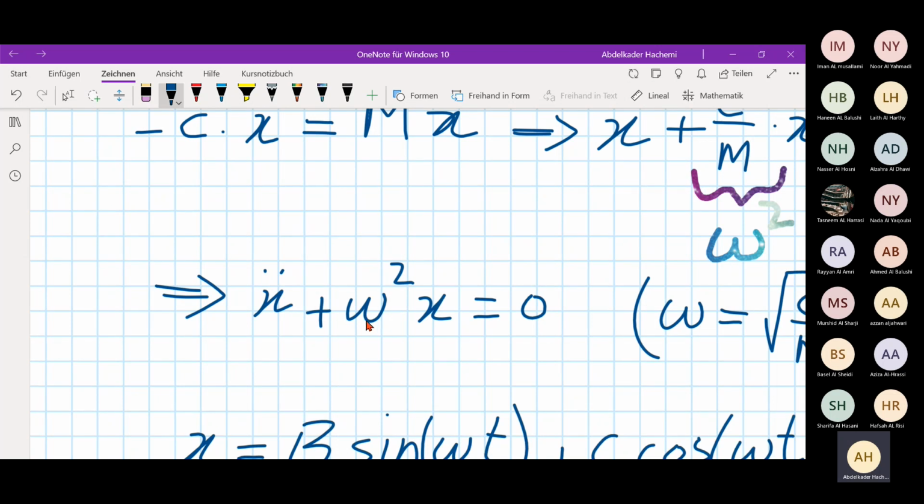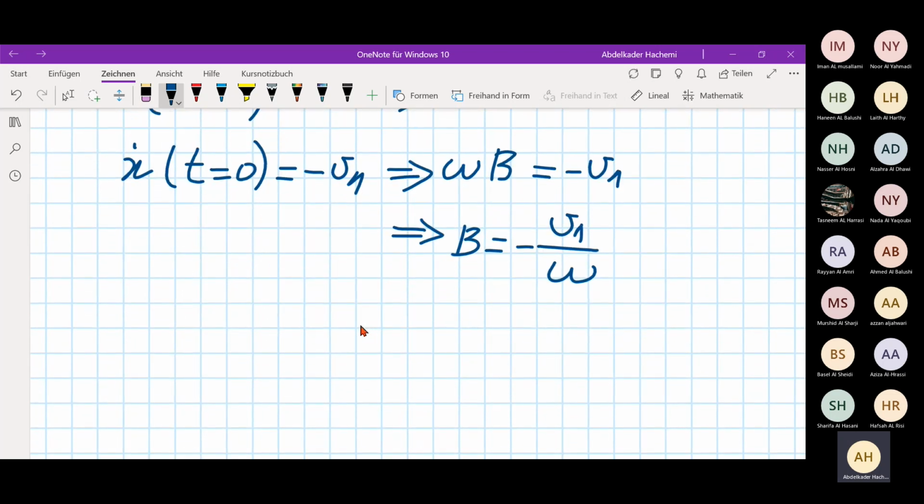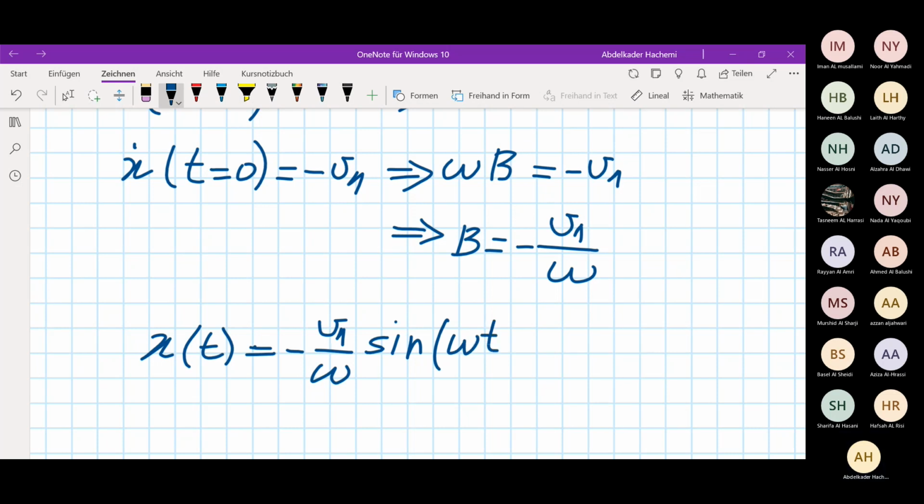Then we get x at time t, which will be equal to minus v1 divided by omega sine omega t.